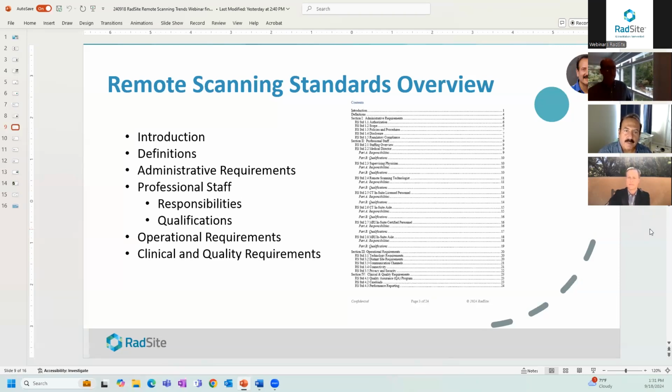And then, really importantly and interestingly, what are the requirements for professional staff, both for the remote technologist and the folks on site with the patient, including not only technologist staff but also physician staff? What are some of the operational requirements and the clinical and quality requirements? I'm particularly interested in quality and safety requirements, as Dr. Hiatt had mentioned also. Next slide, please.